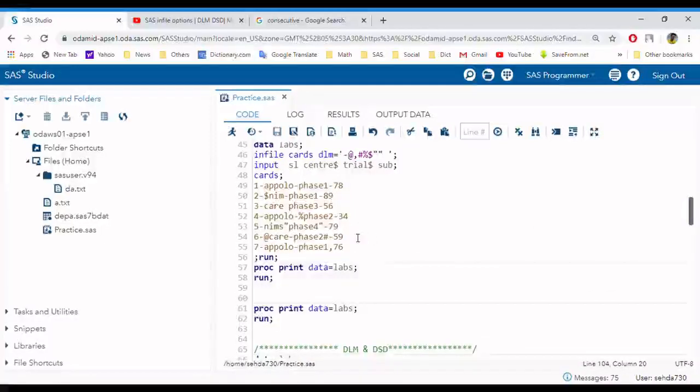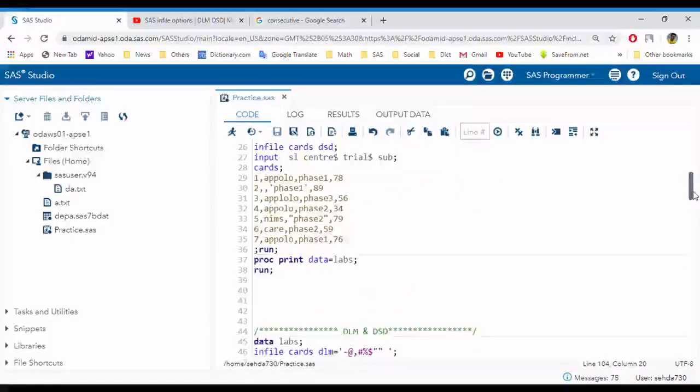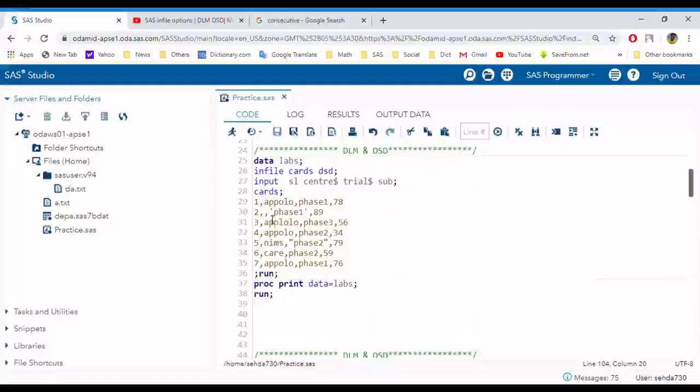If two consecutive delimiters are there and the name is missing, will DSD be able to understand that directly? Let's see. Yes. So you got it: when to use DSD only, when to use DSD along with DLM, and when to use DLM.